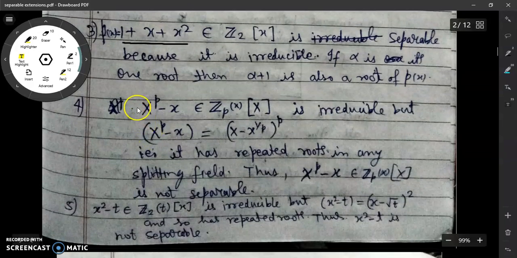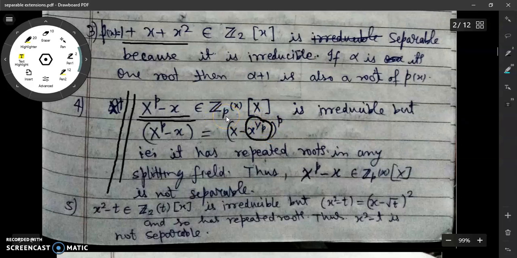Now this polynomial, we have observed several times. Here we observe that this polynomial is irreducible. It is an irreducible polynomial for the algebraic element x power 1 by p. Now the characteristic of this field is p.